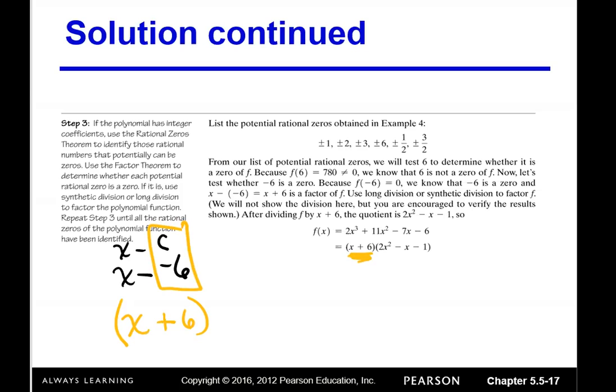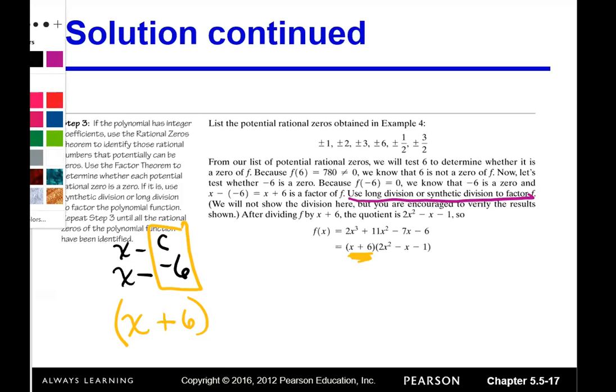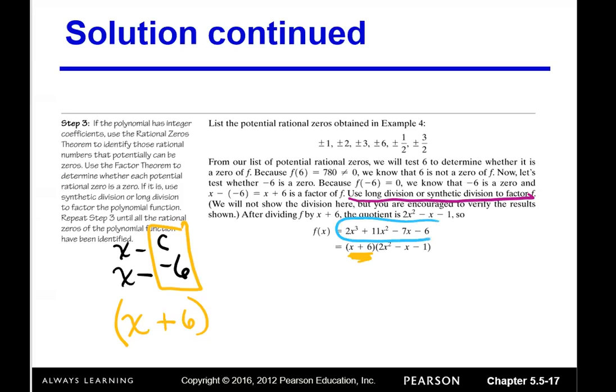And then they said, all right, to figure out the rest of this, either use long division or synthetic division to factor the rest of the function. Since I showed you long division before, synthetic division is a little funky. You take the coefficients of, let me switch to a different color, this was our original function.